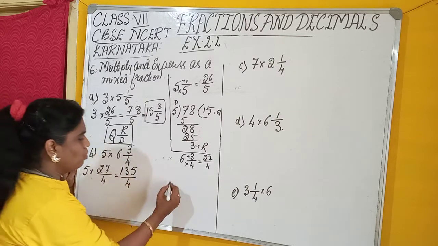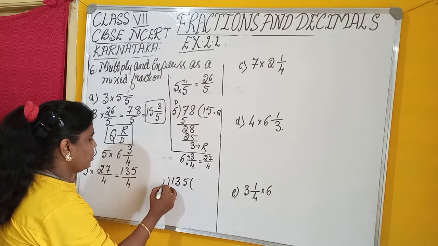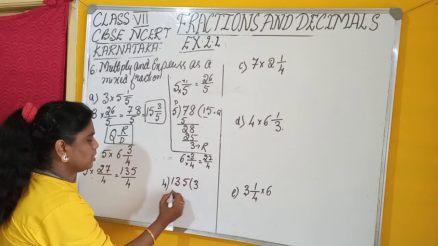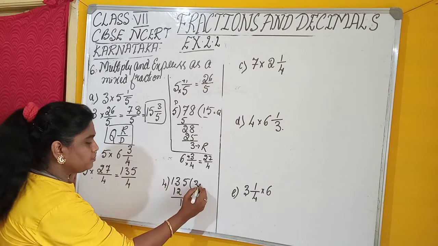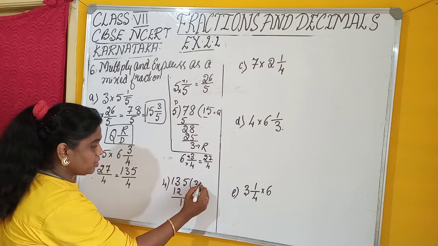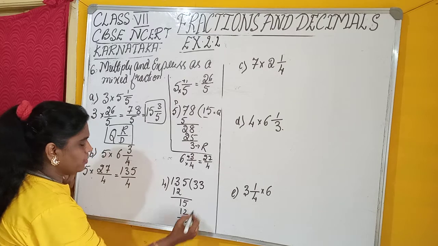Now divide 135 by 4. 4 3s are 12, remaining 1, 4 4s are 16, therefore 4 3s are again 12, 3 remainder.